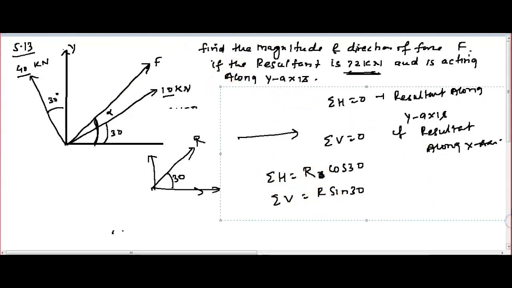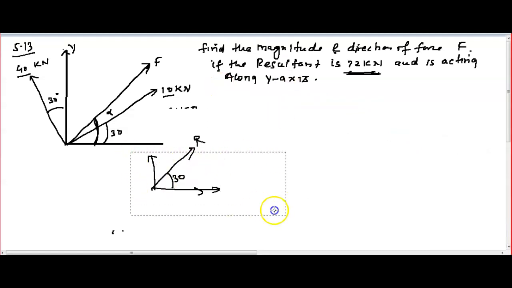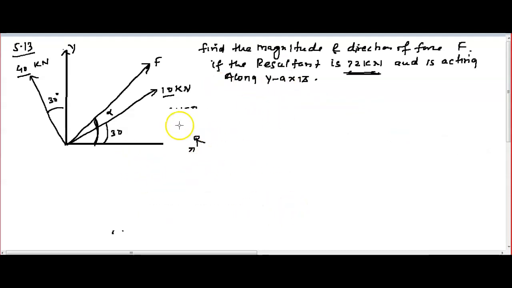Okay, so here you have to find the third force. The resultant is given along the y axis. So what I said, no need to remember, keep in mind: moving along the y axis means horizontal is 0.